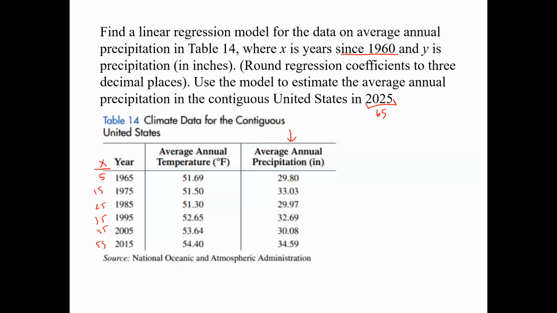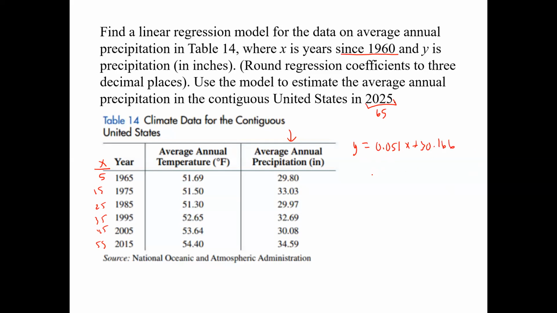So what do we have? We have our equation, which is going to be, we're just using X and Y. So Y is equal to 0.051x plus 30.166.